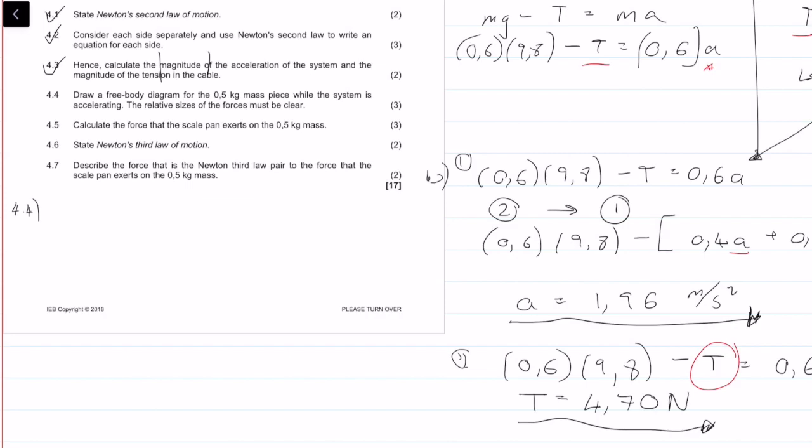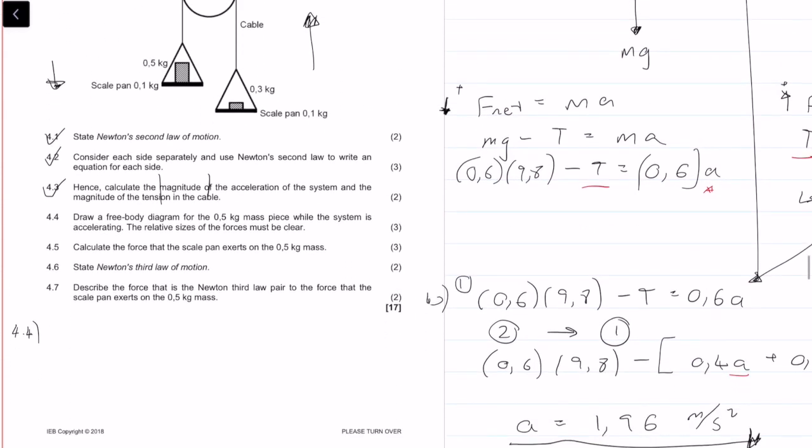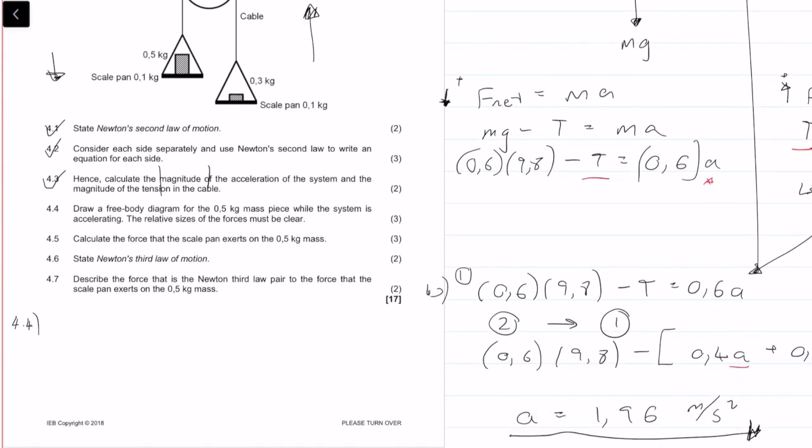Okay, so looking at question 4.4, it says draw a free body diagram of the 0.5 kilogram mass while the system is accelerating. The relative forces must be clear. So question 4.4 of the 0.5, that's the left hand side, which we've actually kind of done.